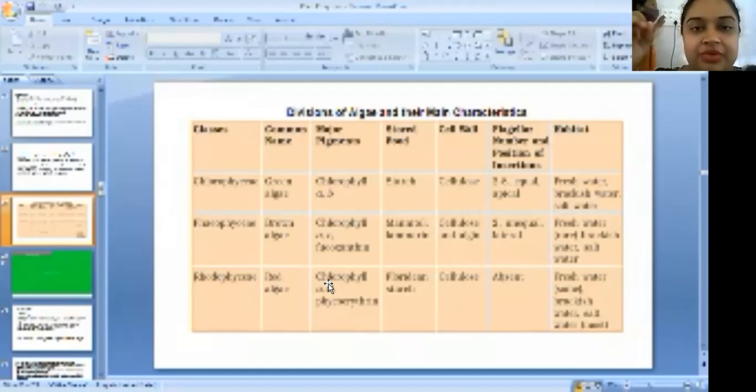So see, we will discuss all three types: Chlorophyceae, Rhodophyceae, and Phaeophyceae. We have discussed in detail, but we are revising it in the table. Okay. So what will be the common name for Chlorophyceae? देखिए name के हिसाब से ही नाम दिया है. Green algae. Yes. For Phaeophyceae?